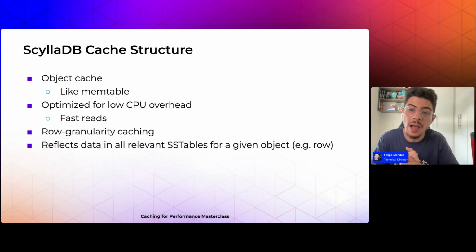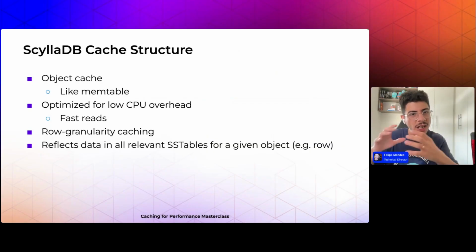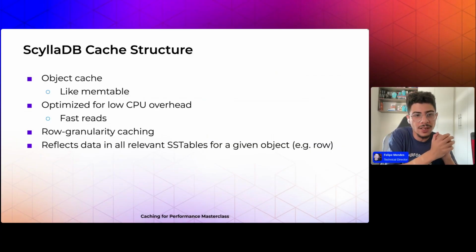Like main tables, our object cache stores rows instead of particular files or chunks of files present on disk. This is great because if you have a given row present in multiple SS tables, ScyllaDB will hold in memory only the consolidated row, which helps prevent the memory waste I discussed earlier.